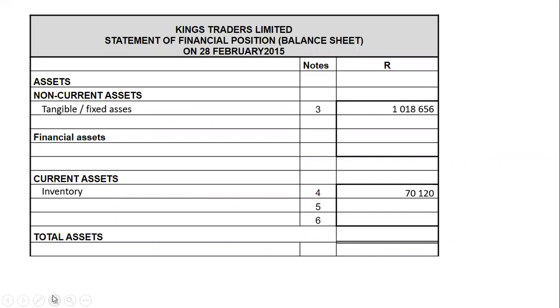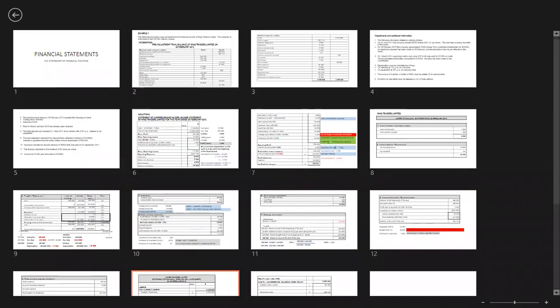Okay, there it is, 70,120. Now we're going to look at the differences between what we have in the trial balance and what we have in the warehouse, and you realize that there are differences, and the differences must actually be recorded.